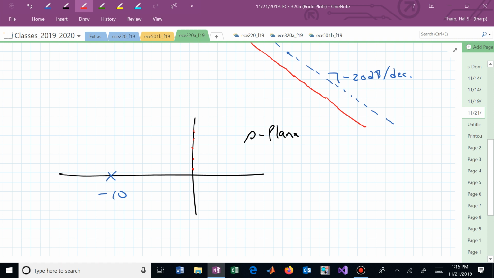In terms of j omega, what's omega value-wise a decade before 10? 0.1 times 10. It's at 1.